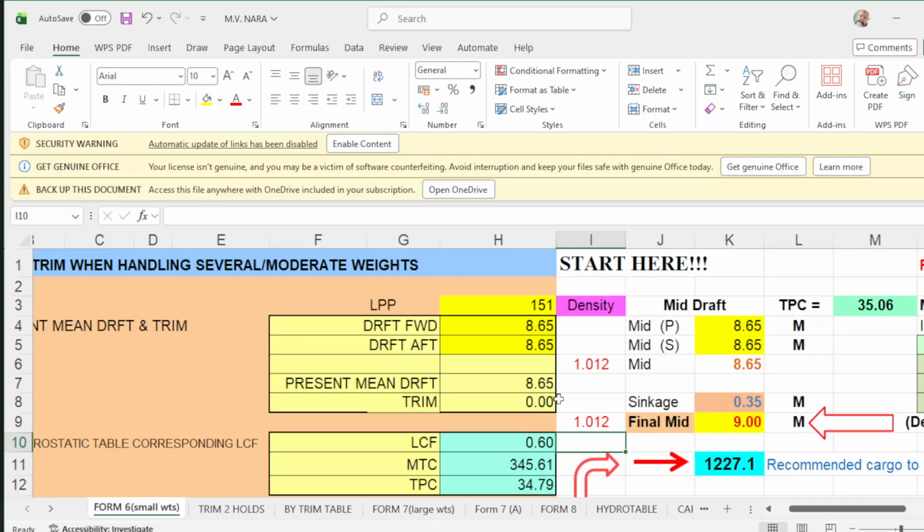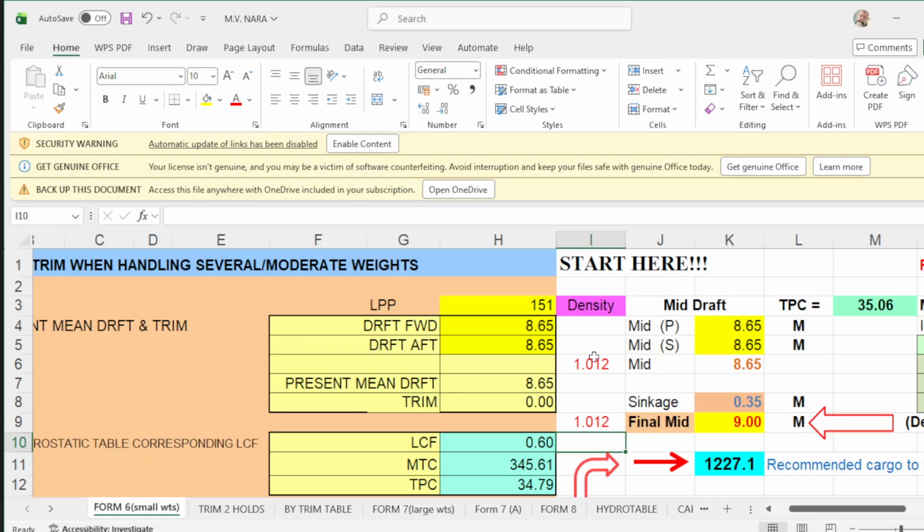Okay, so with the density of 1.012 at this drop of 8.65, the shore operation will stop loading and chief officer and the drop surveyor will make drop reading around the vessel.